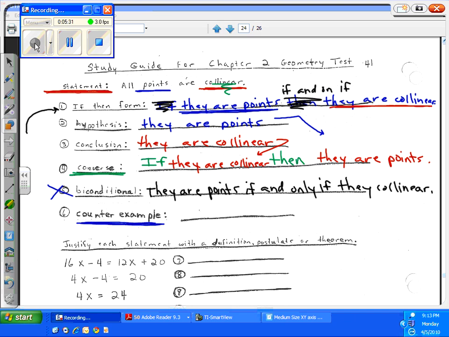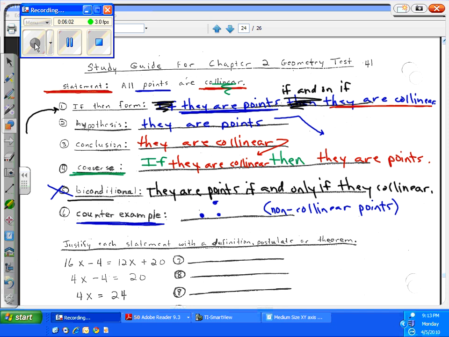A counterexample to the original statement that says if they are points, then they are collinear could be given with a diagram of three non-collinear points, or just non-collinear points. So you could put in words non-collinear points as a counterexample, or you could draw a picture to show non-collinear points, which would be a counterexample.